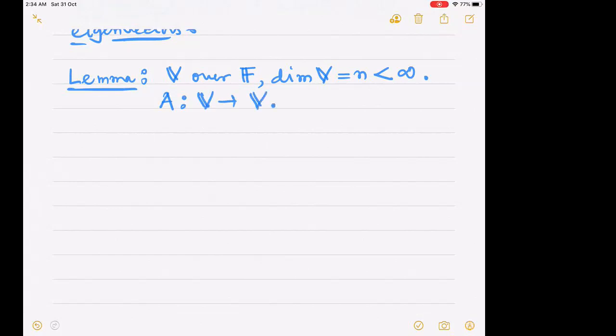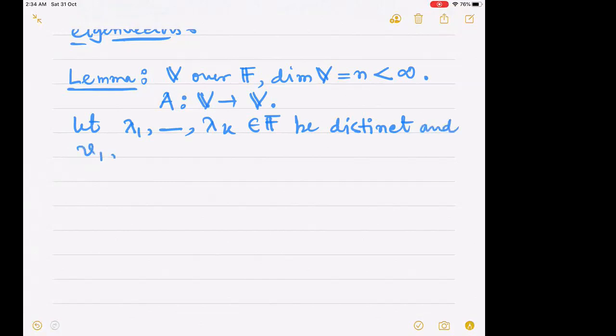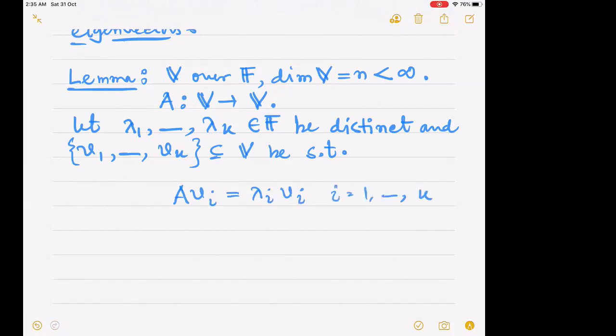Now let lambda 1 up to lambda k in F be distinct, and V1 up to Vk in V be such that A Vi equals lambda i Vi, where i goes from 1 up to k.